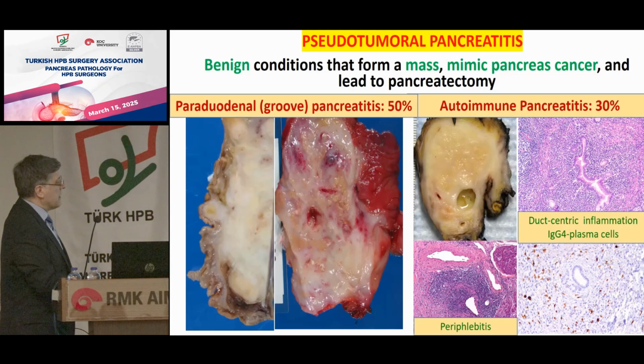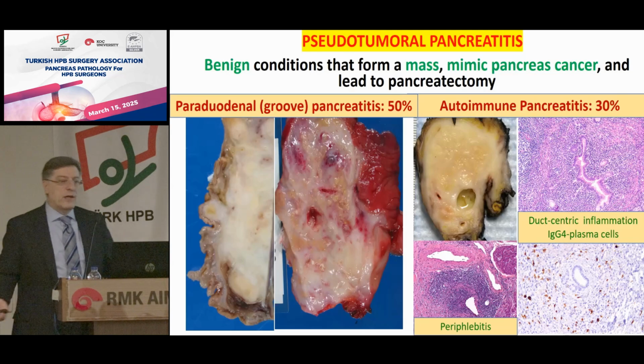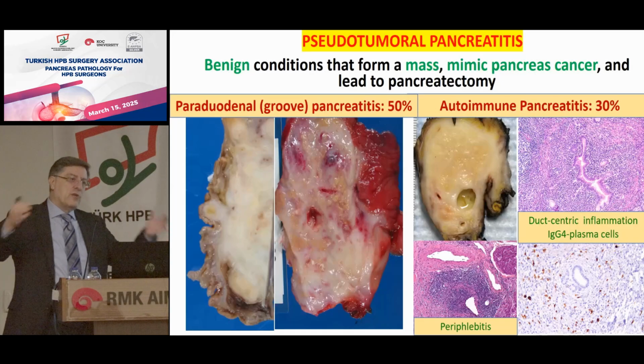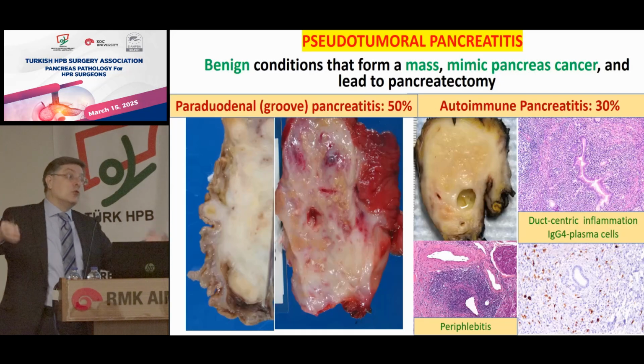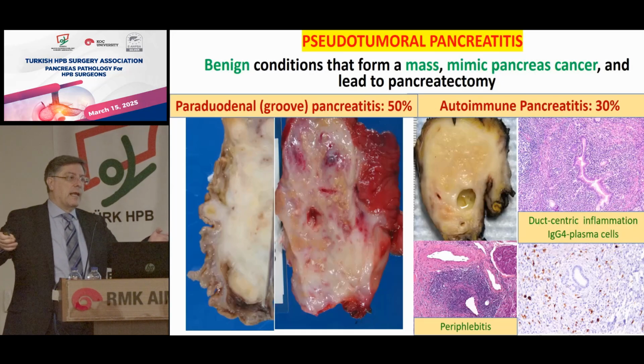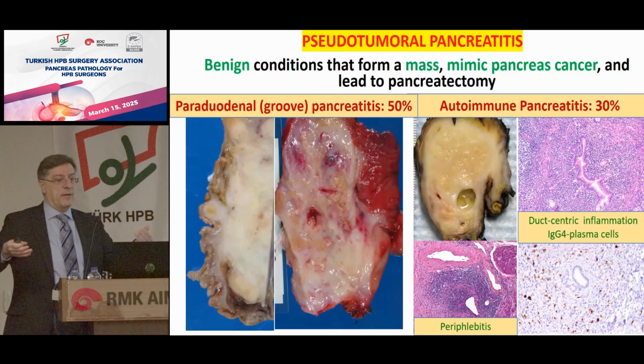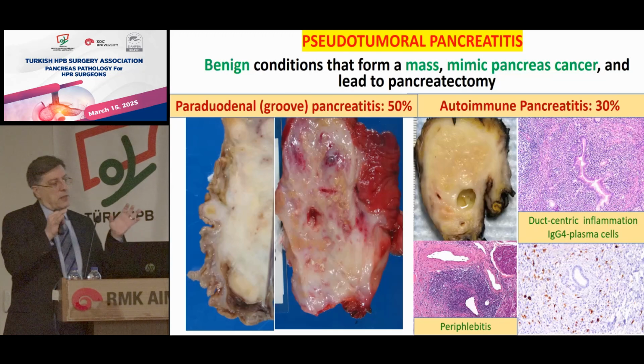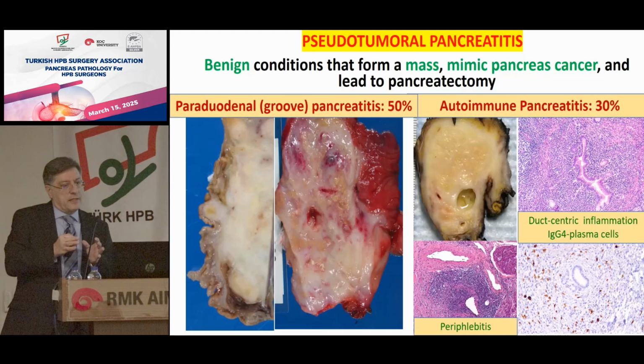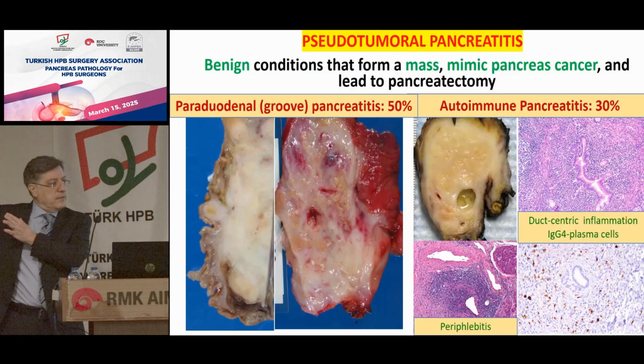Now, one comment I would like to make about this entity: when it was first recognized, the field did not realize that it can really look like cancer, and a lot of autoimmune pancreatitis cases got operated on as cancer and could perhaps have been avoided. Now I think everybody has learned about this, and we are at the other end of the pendulum.